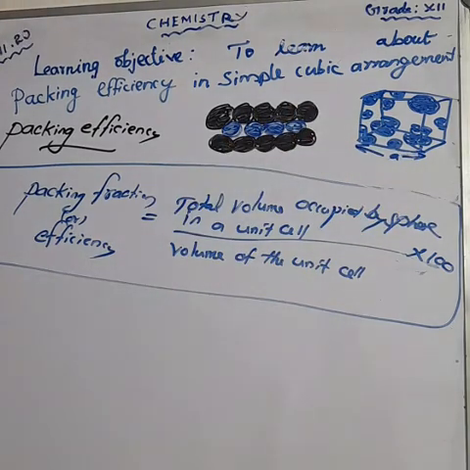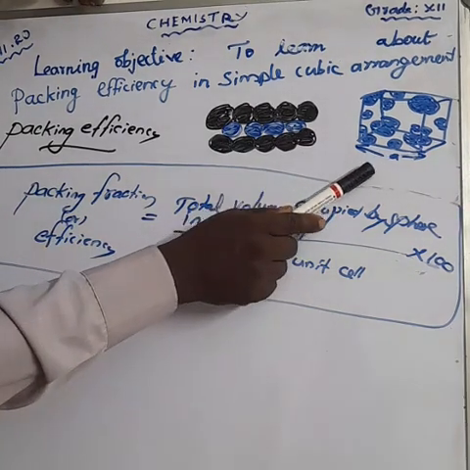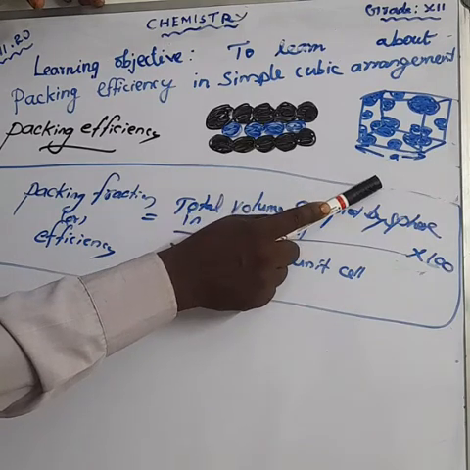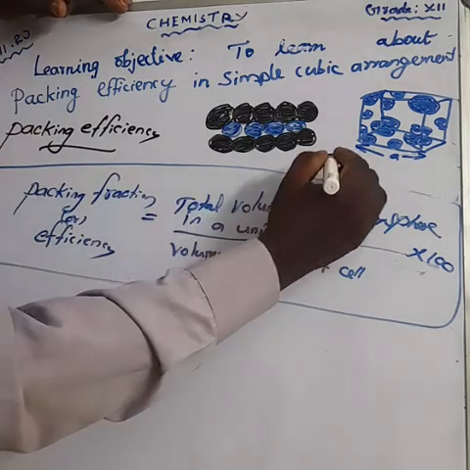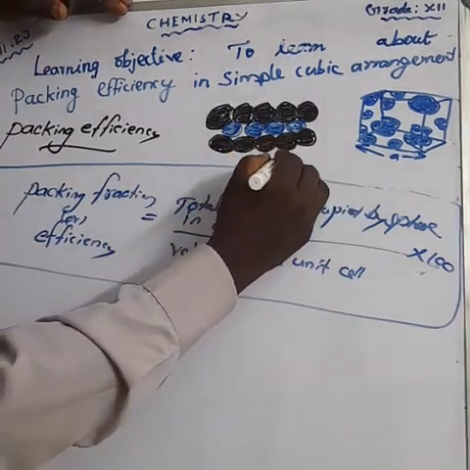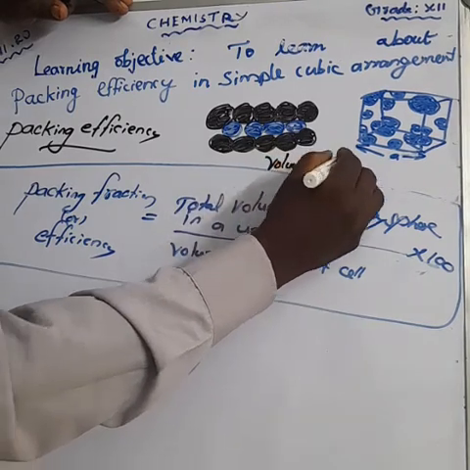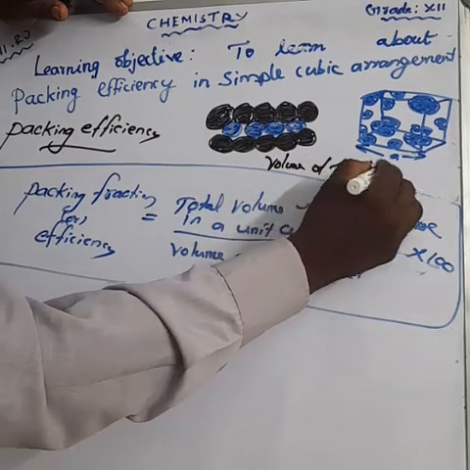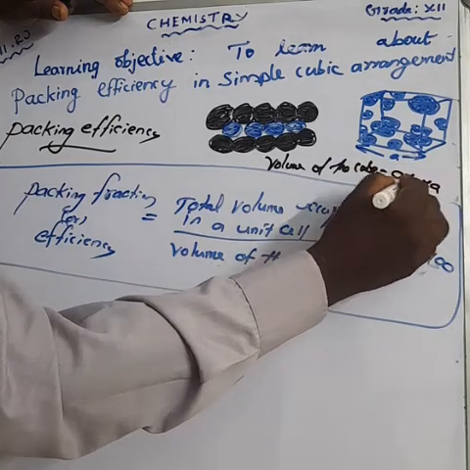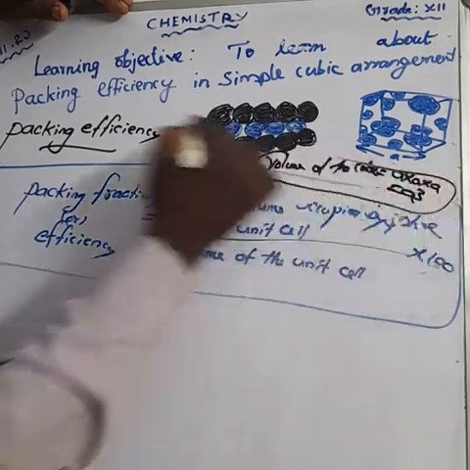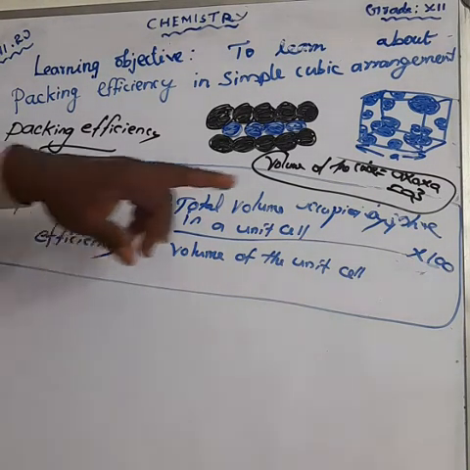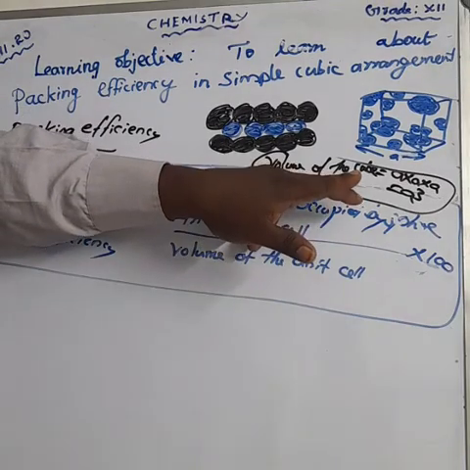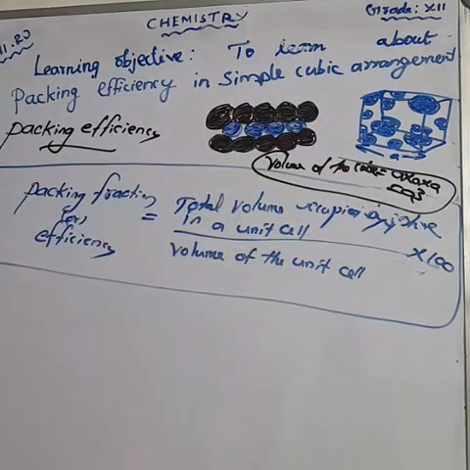Anyhow, let us consider a cube with the edge A shown here. The volume of the cube with edge length A is A into A into A, that is equal to A cube.